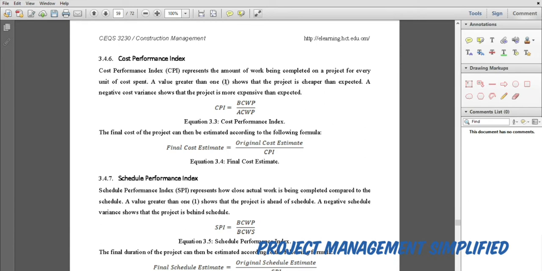A value greater than 1 shows that the project is cheaper than expected, and a negative cost, it's not the negative cost, this is also a typo, less than 1, cost variance shows that the project is more expensive than expected.